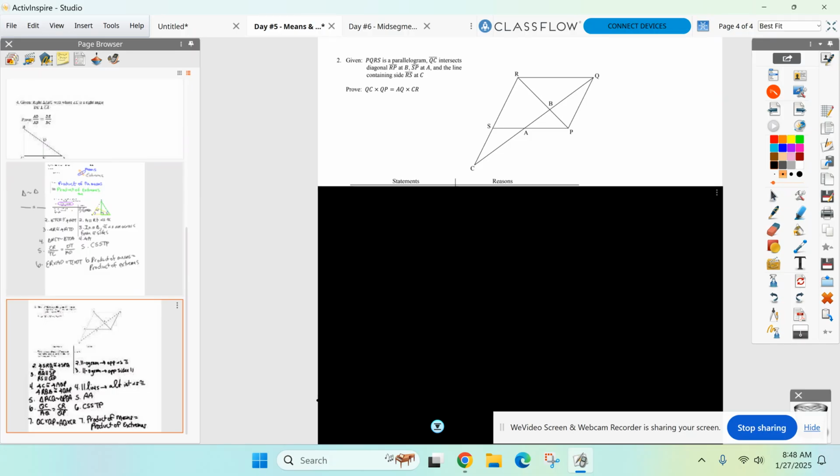Got to prove the means and extremes are equal again on this one. Take your time. Which triangles do I need? And those 4 sides that are in your proof statement, they have to be full sides in the 2 triangles you pick.